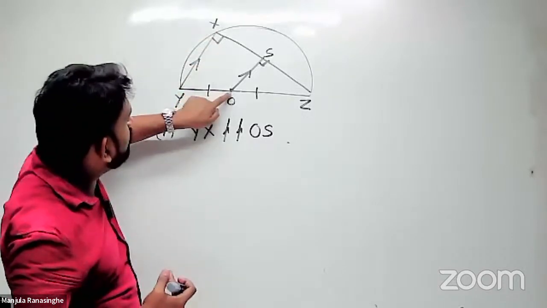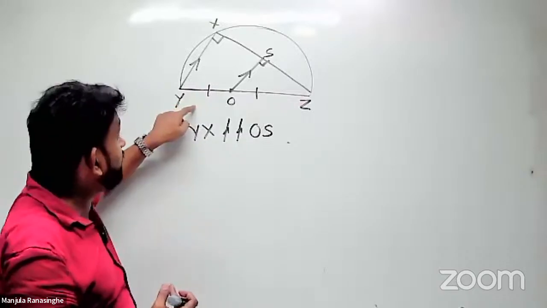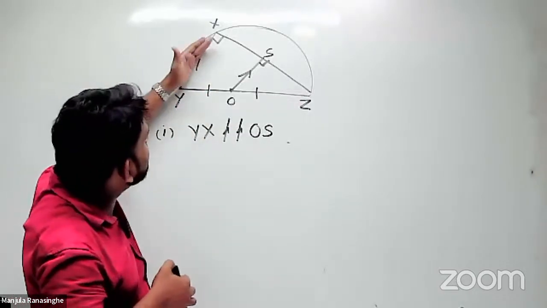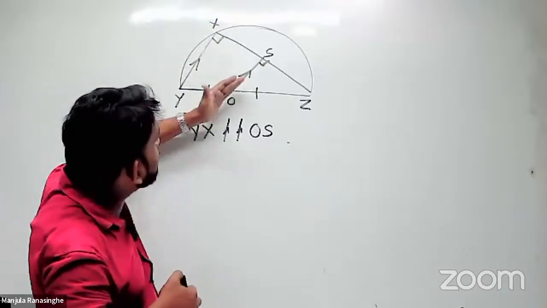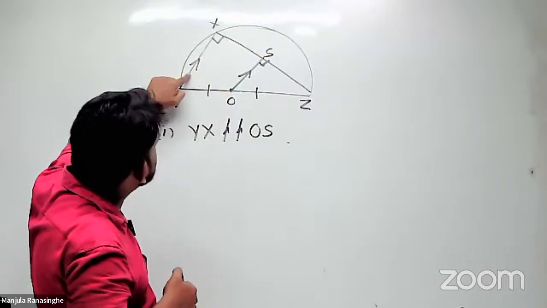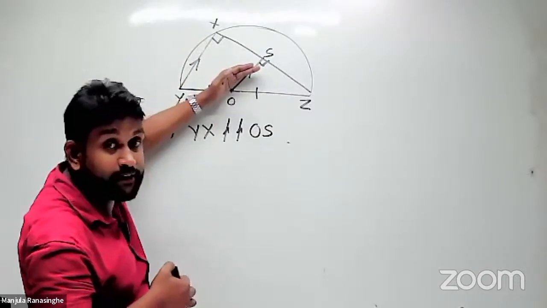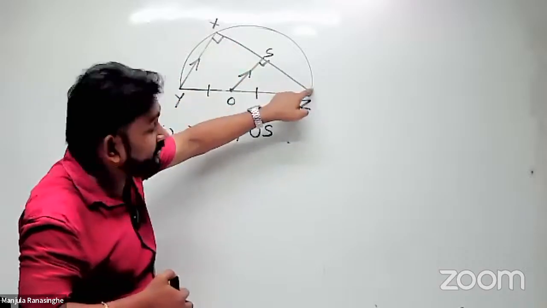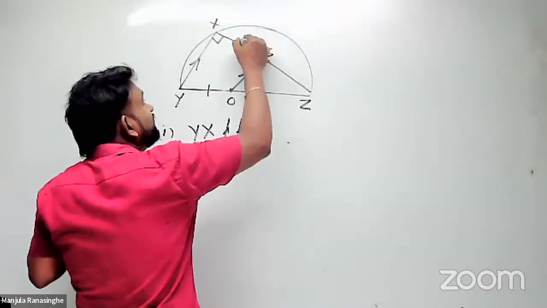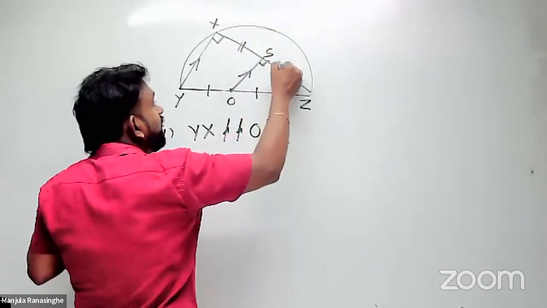Now again, come outside to the frame and look at the question. This is the midpoint of this YZ side, and from the midpoint a line is drawn parallel to YX. When starting from a midpoint, a line is drawn parallel to another side, so this side is bisected. Which side is bisected? XZ is bisected. Then this part equals this part.